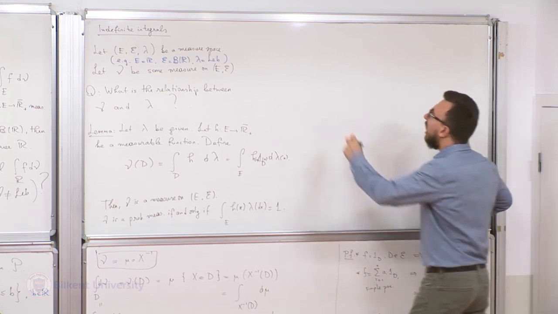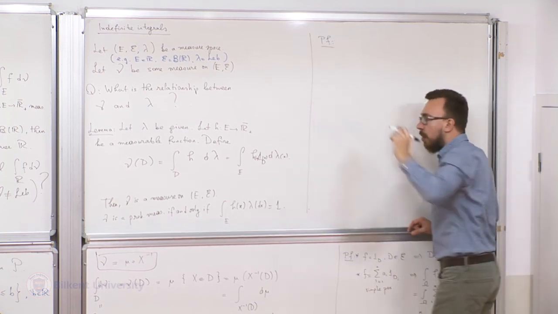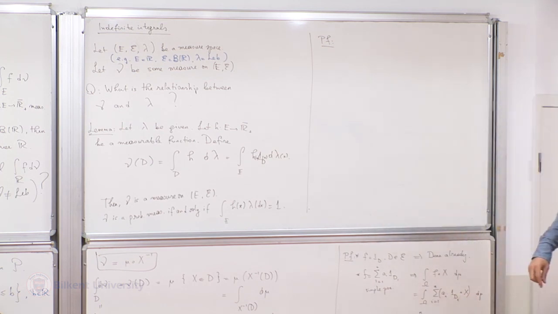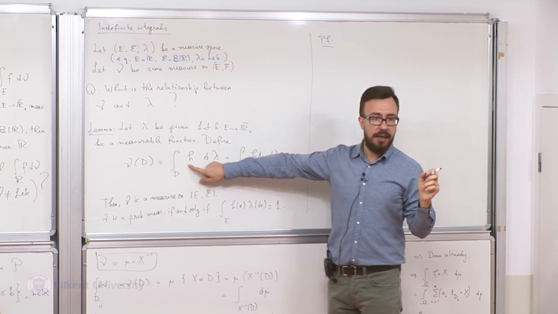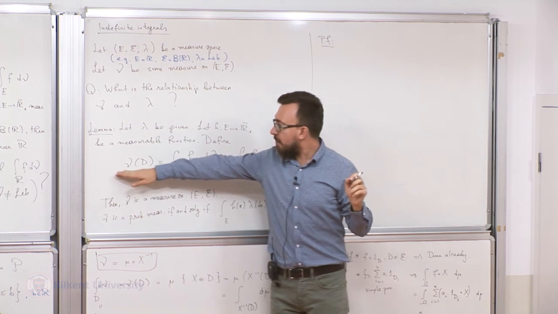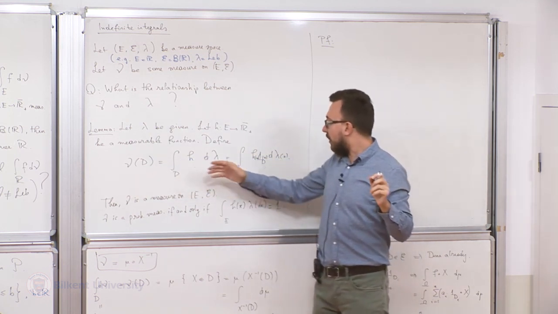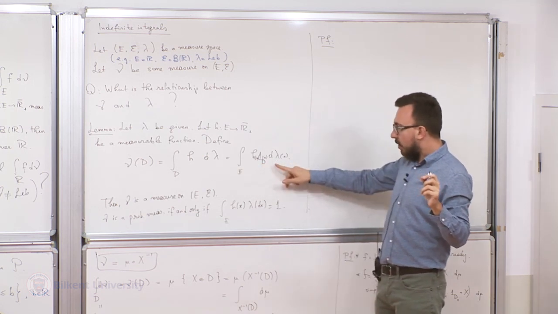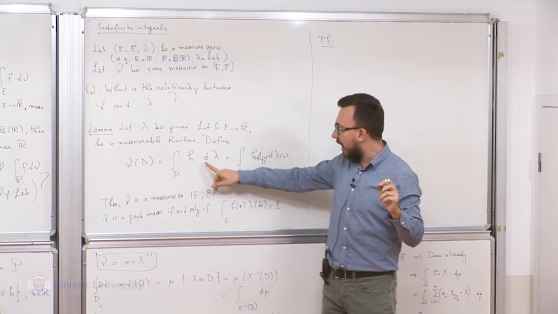So let's check it. So I start with the Lebesgue measure, let's say, and I pick a function that is positive. I use h like a density, meaning that I create a new measure out of lambda, out of the Lebesgue measure, by integrating h(x) dx over the set D. If this is the Lebesgue measure, this is h(x) dx, right?